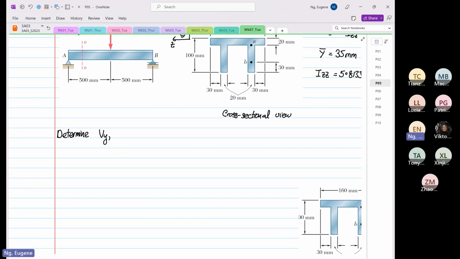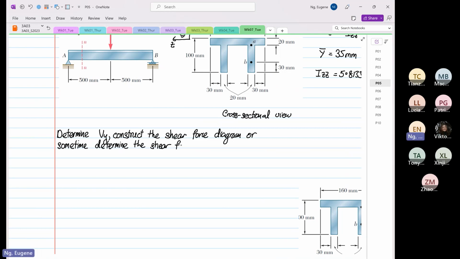Okay. So the best way to determine Vy is to construct the shear force diagram, or sometimes determine the shear force equation.